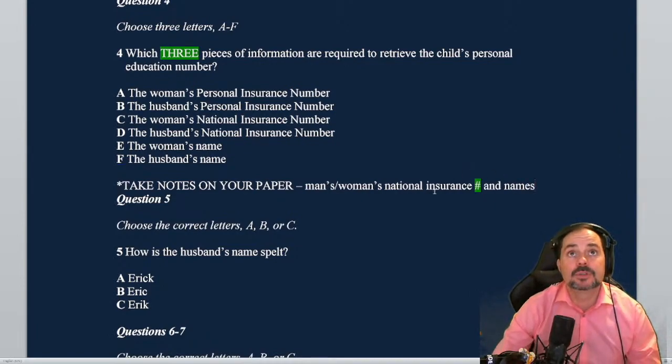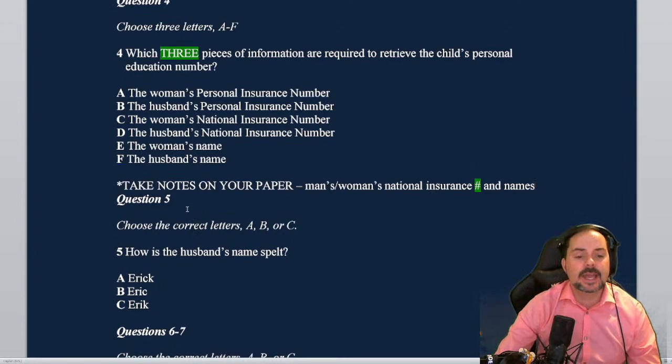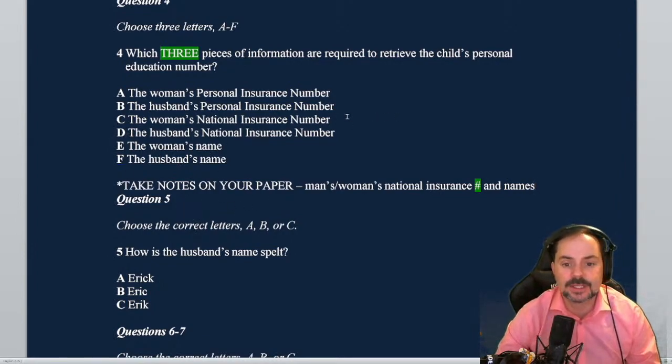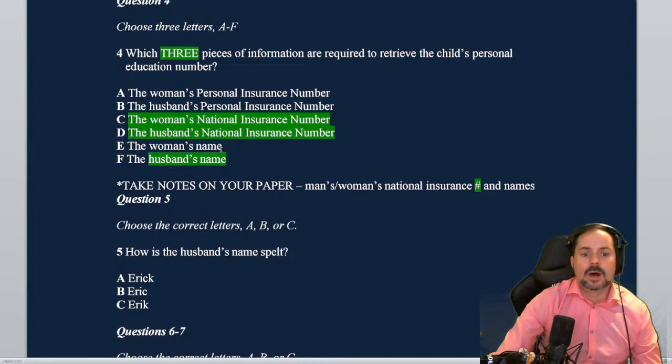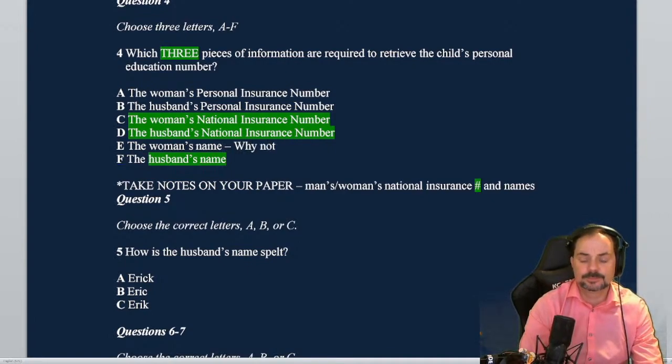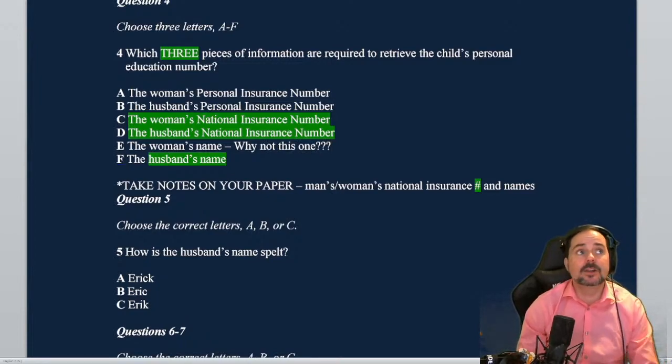Right? So the correct answer here would be C, D, and F. Okay. Why not E? And I see that a lot of you got that.